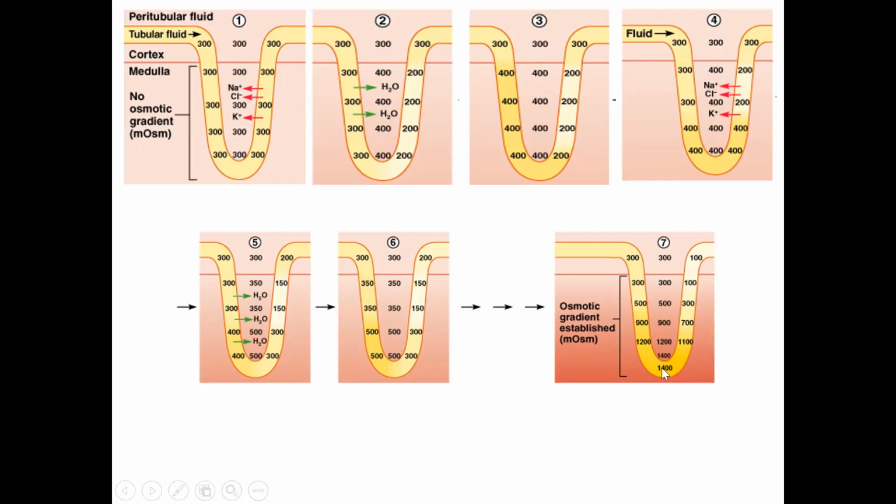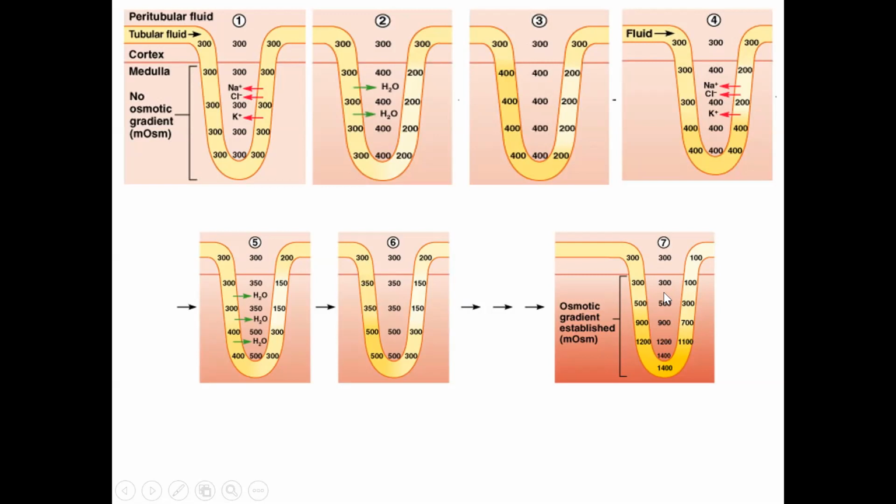And then when this concentrated filtrate starts going into the ascending loop, the ions will be pumped out of the loop. Through this process, you can see a lot of water will move into the surrounding area and eventually get to the vasa recta, the blood vessels. The ions will move in here and get into the blood vessels.